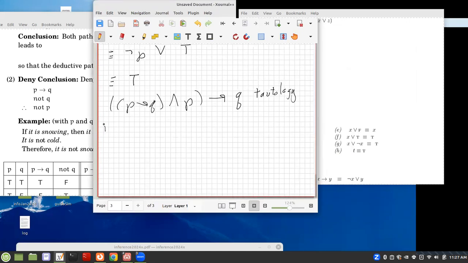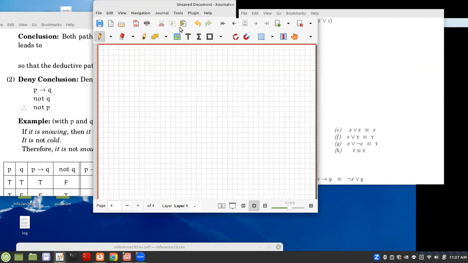Our first one was a firm premise in which premise one was P implies Q, and premise two was just P, and our conclusion was Q. Okay. Well, let's continue with deny conclusion.